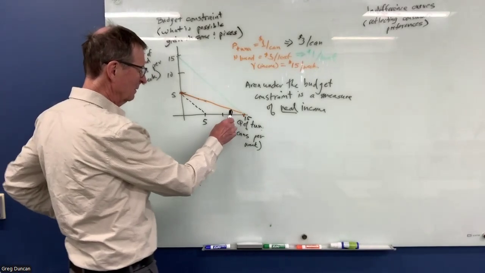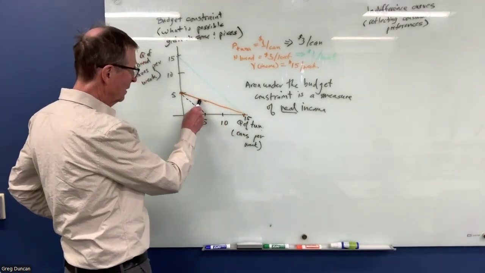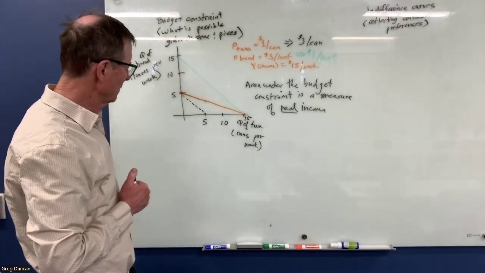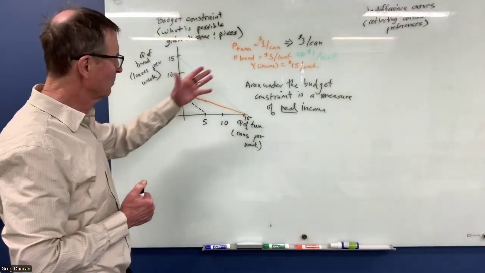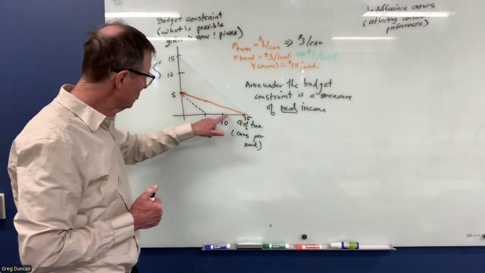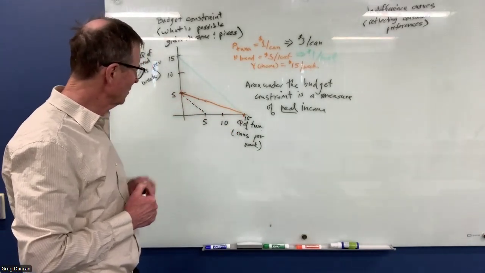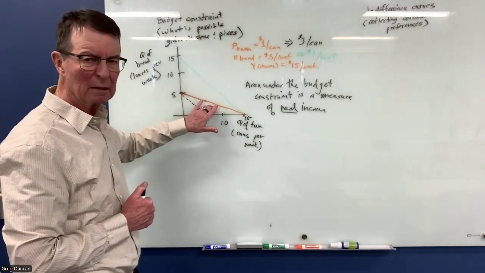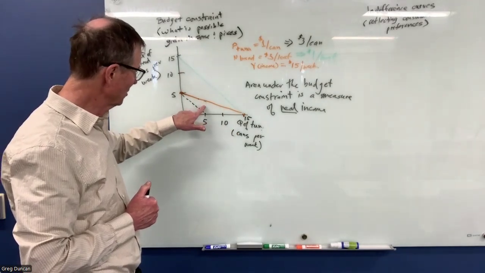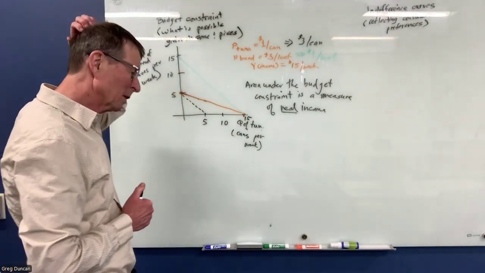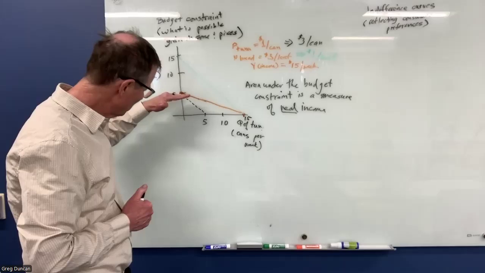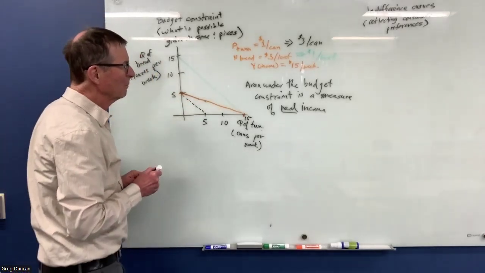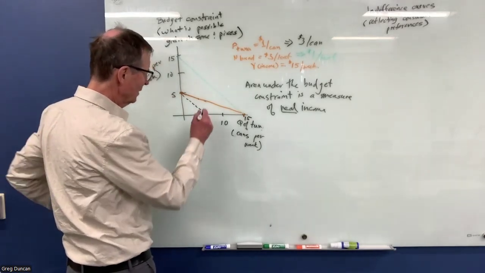So originally, the area under this orange budget constraint represented real income in the sense that a consumer of $15 could choose any point underneath this orange budget constraint, right? If they chose an interior point, they'd have money left over, but the area is reflecting all the possible combinations.